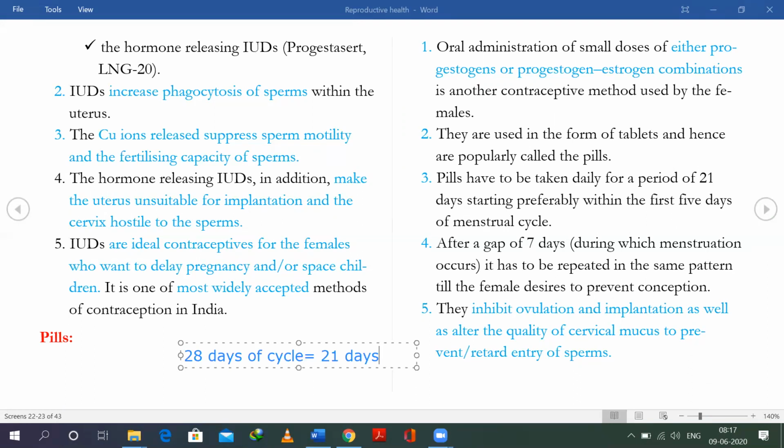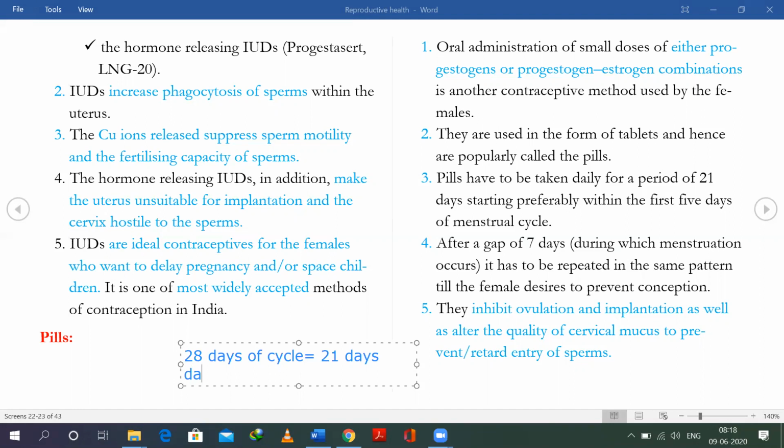And what is the beginning date? Here you start the pill preferably within the first 5 days of the menstrual cycle. What does that mean? You can start on day 2, day 3, day 4, or day 5. Imagine a lady starting the pill on day 3 of her menstrual cycle.